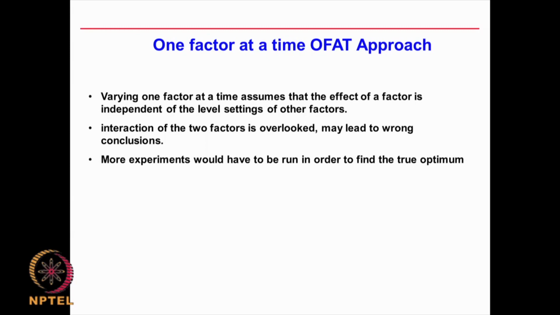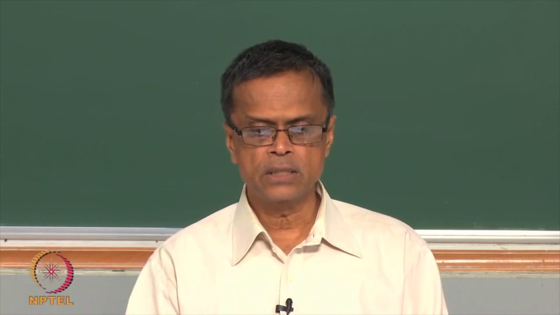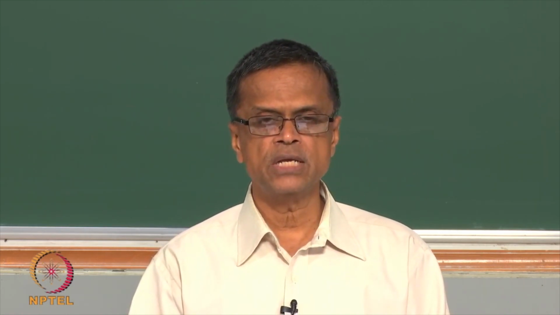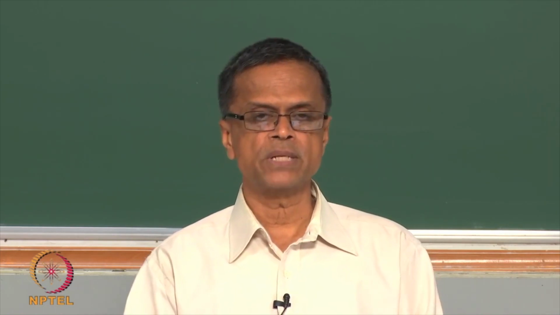Another thing is, when you are doing one factor at a time design, it may be more difficult to arrive at the optimum condition as against changing many factors simultaneously.